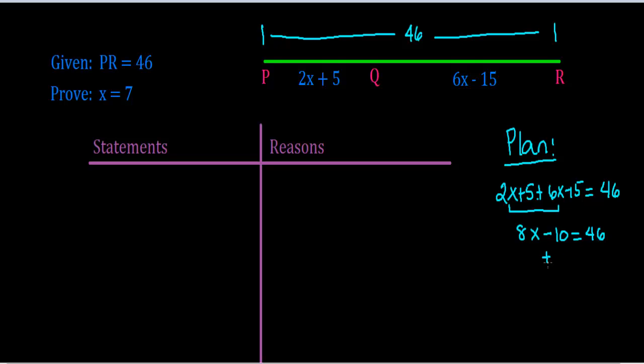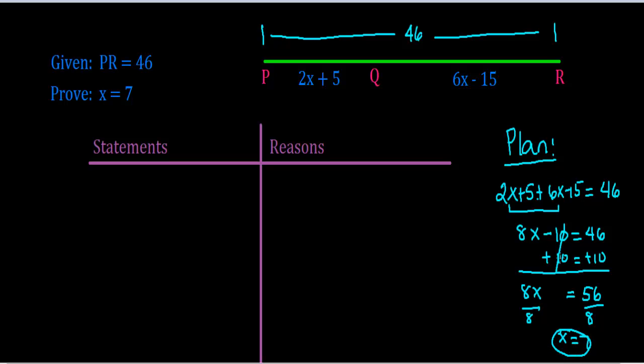Next step is to add 10 to each side, because we want to isolate the variable term, which is 8x. We want to leave it alone. So that leaves me with 8x on this side. Negative 10 plus 10 come out to be 0, equals, and 46 plus 10, 56. And then I divide by 8 on both sides, and I get that X is equal to 7. And I've reached my proof statement.